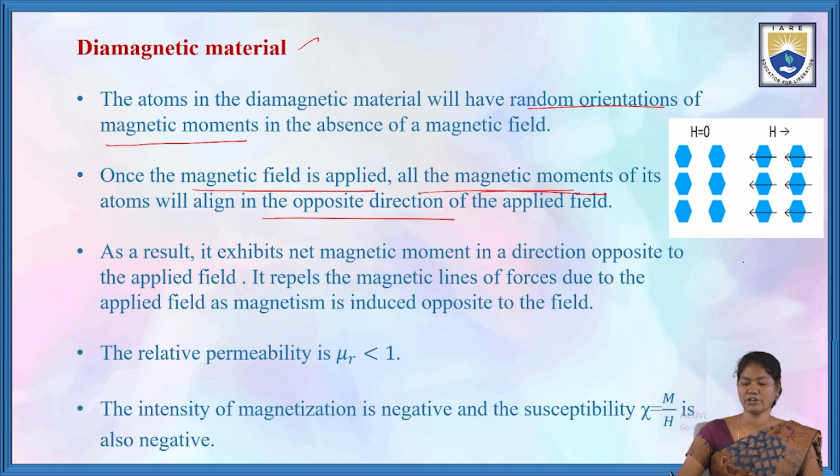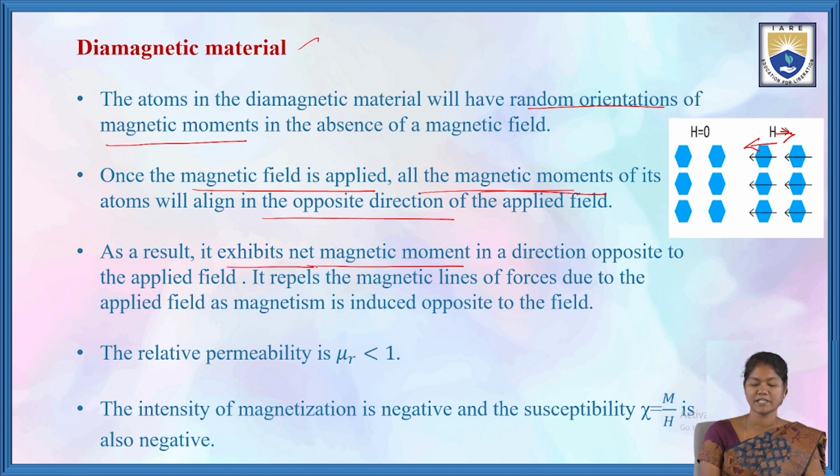So suppose we apply the magnetic field in this direction, then the magnetic moments of the atoms align in the opposite direction to that of the applied magnetic field. As a result, it exhibits net magnetic moment in a direction opposite to the applied field.